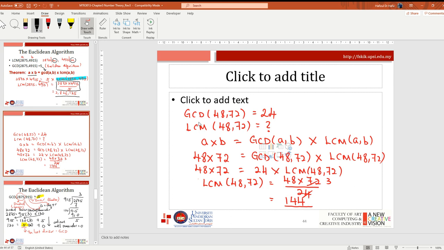Okay, for 24 as the GCD of 48 and 72, for the LCM we take the maximum. So here, 48 multiplied by 72 divided by the GCD of 48 and 72, we divide by 24, and then we get 144.